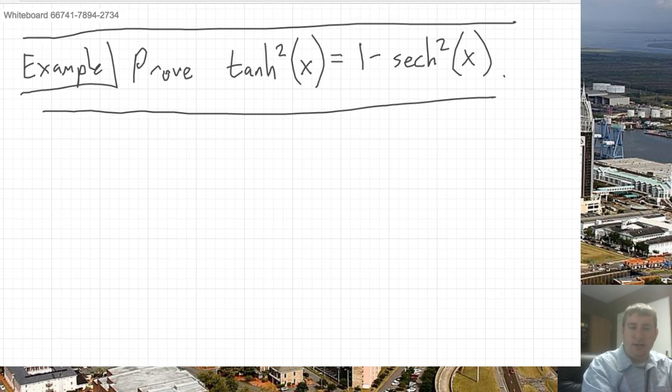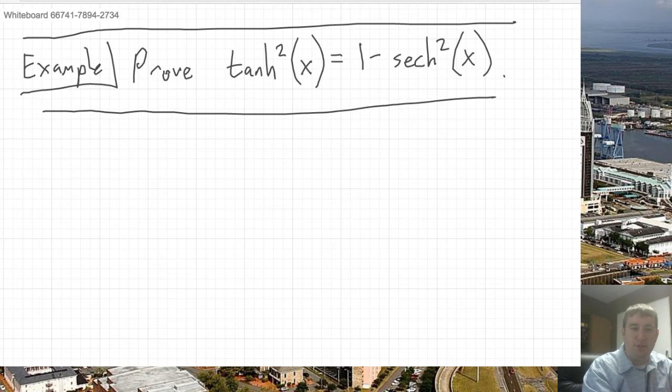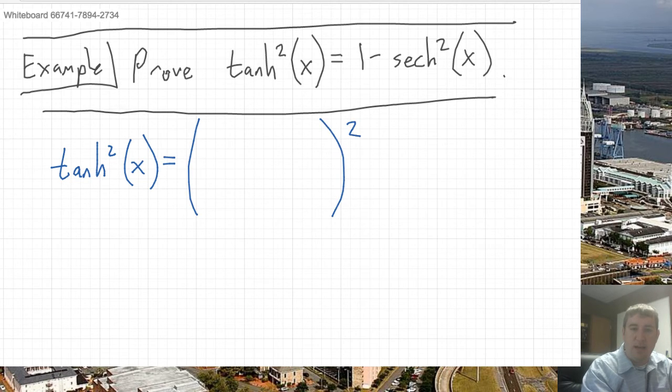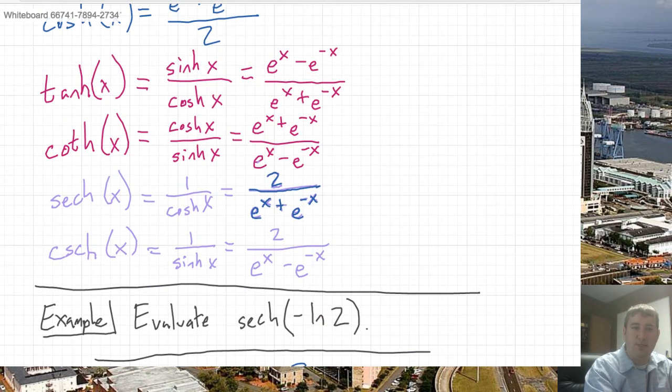All right, so how's this going to go down? Well, again, I'm just going to write out both sides of the equation. I'll start with the left-hand side. Hyperbolic tangent squared of x is the square of the hyperbolic tangent. And so I have my formula up here. So I'll take my formula right here and rewrite it down here.